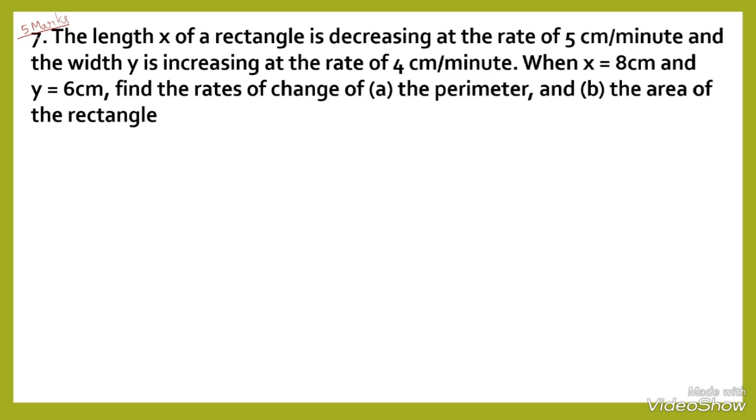They have given a rectangle. Here there is a rectangle. The length of the rectangle will be x, and the width of the rectangle y. Here the length of the rectangle is decreasing, so the length will change. dx by dt is equal to minus 5, I'm taking minus because it is decreasing, centimeter per minute.